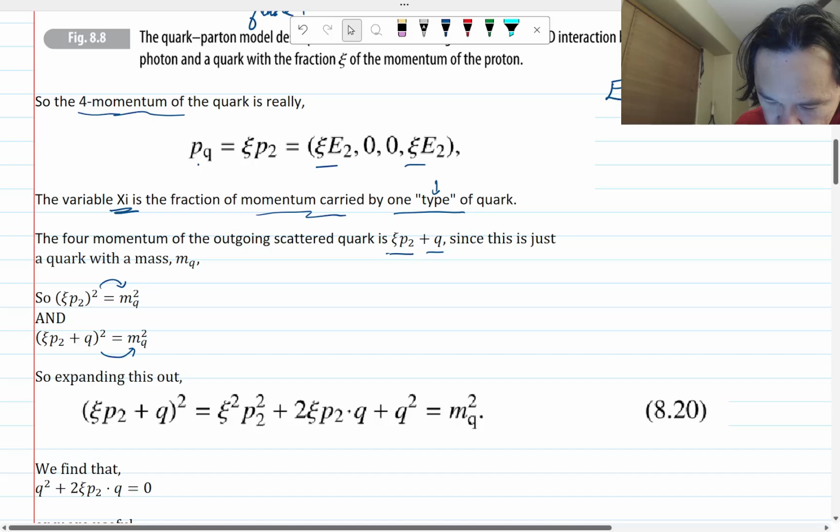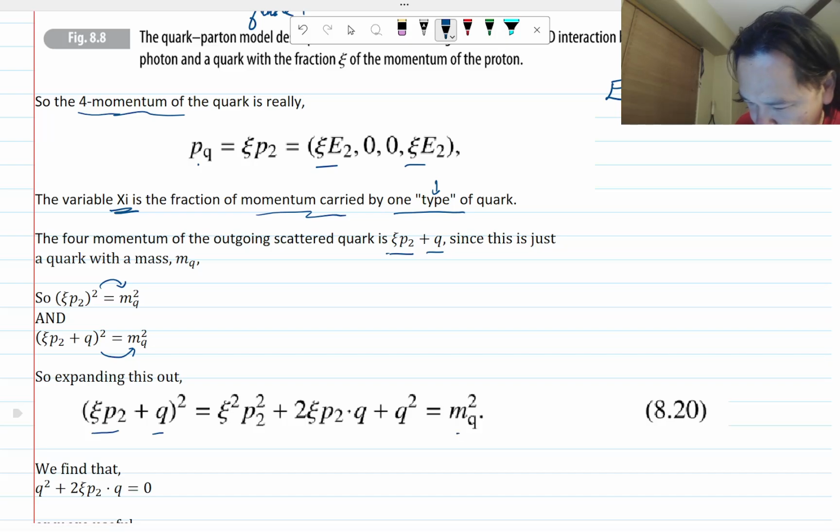So why am I doing this? Because what we can do is rewrite (xP2 plus q) squared. Instead of computing that as mq right away, we can expand this out, just do a little FOIL thing. Then we get xc squared P2 squared, which turns out to be the mass of the quark squared.